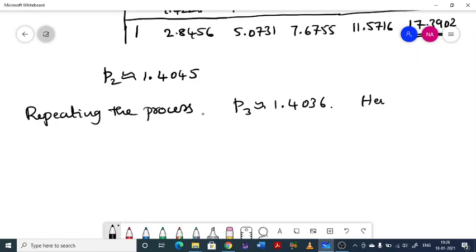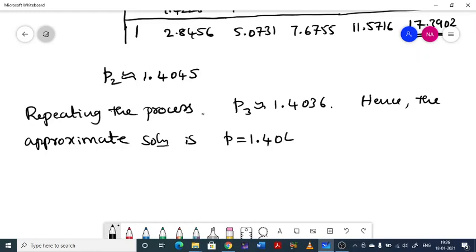Hence the approximate solution is P equal to 1.404. So this is the way of solving a polynomial using the Bairstow method.